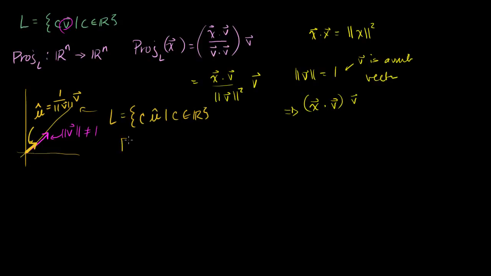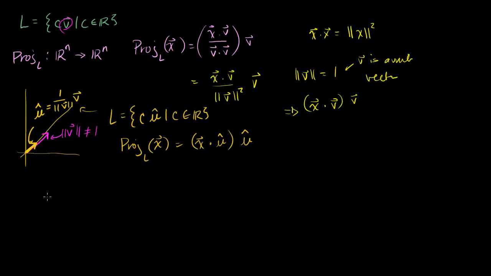Then our projection definition simplifies a good bit. The projection of x onto L just becomes x dot our unit vector, times the unit vector itself.